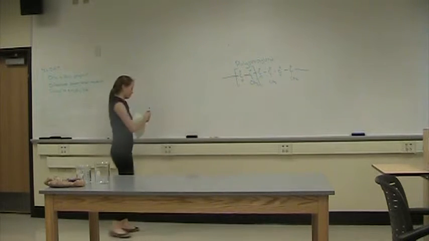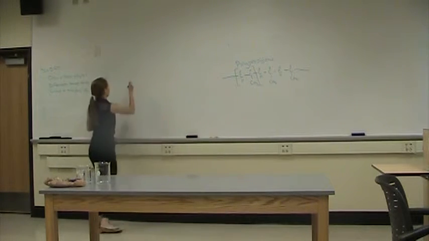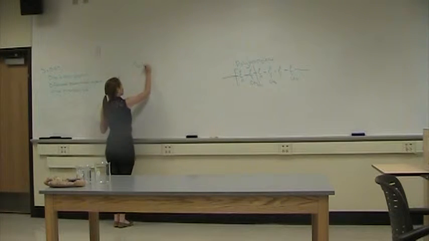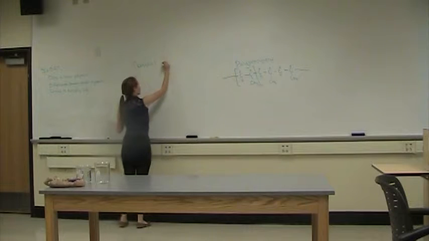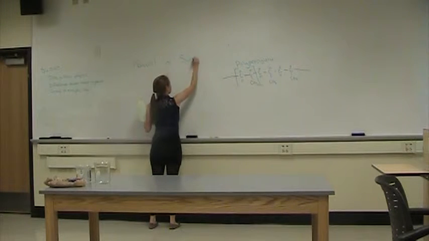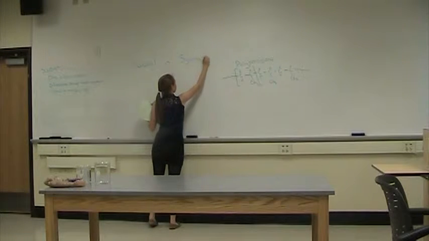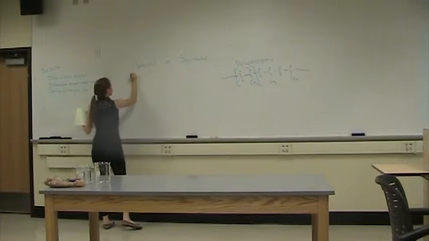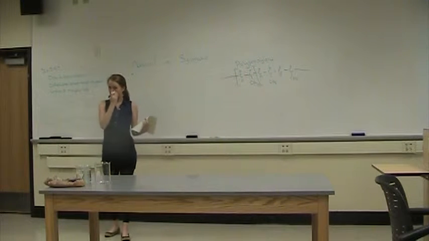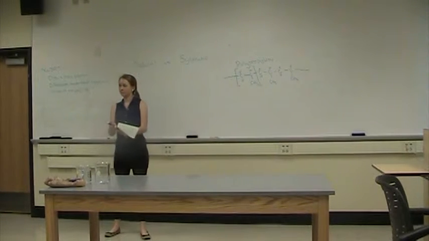Okay, now we're going to talk about the difference between natural and synthetic. Okay, so when I say it's a natural polymer, what do you think that means? How's it made? By nature.